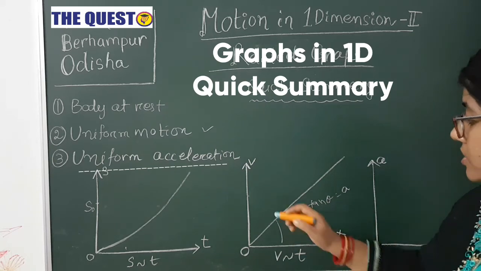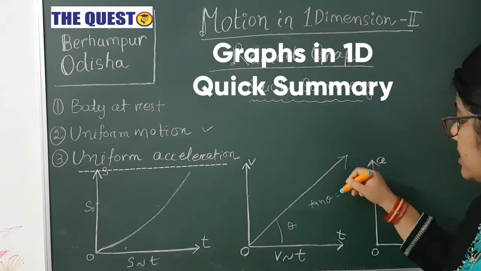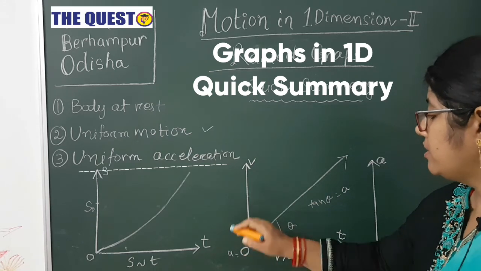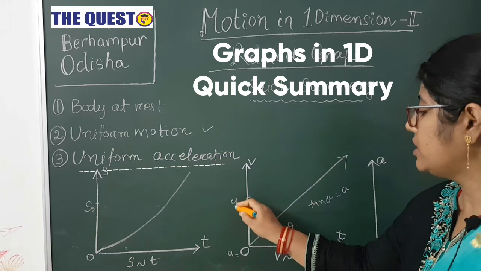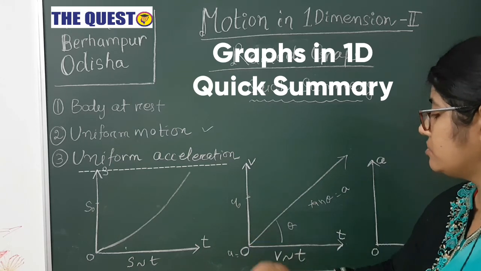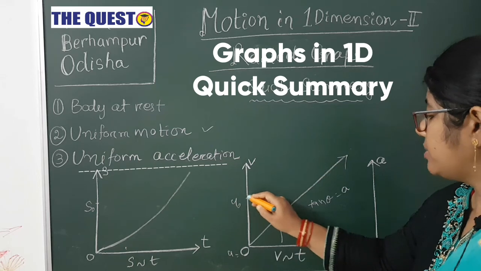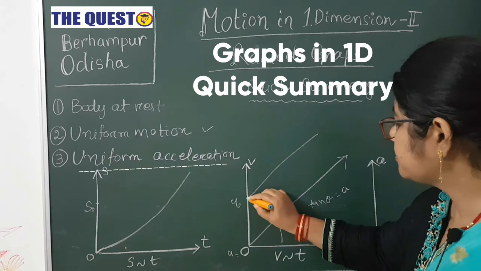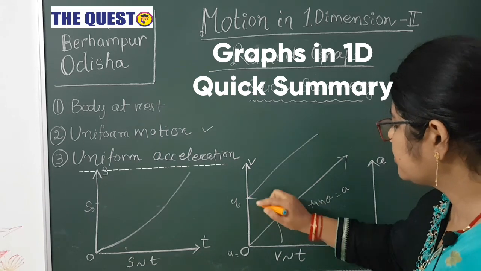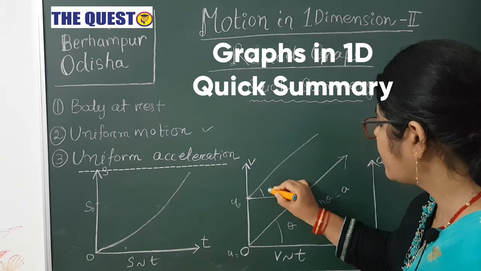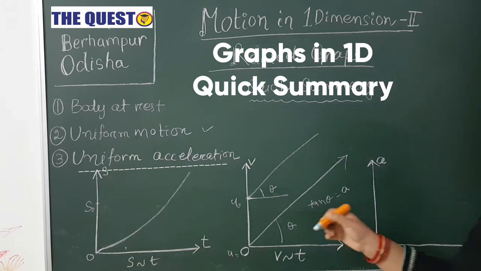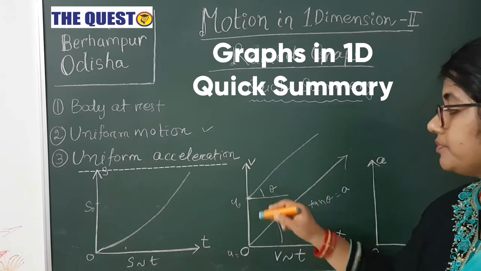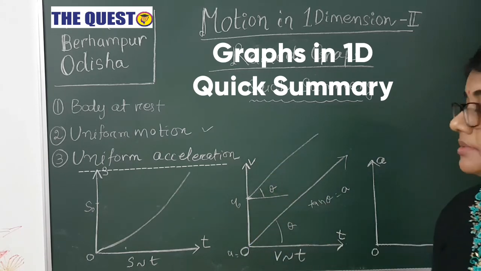Here, this is for the case where the initial velocity u is equal to 0. However, for some initial velocity of the body, u naught not equal to 0, it will be the same straight line making the same angle theta with the x-axis, but starting from this u naught, the initial velocity, on the velocity axis.